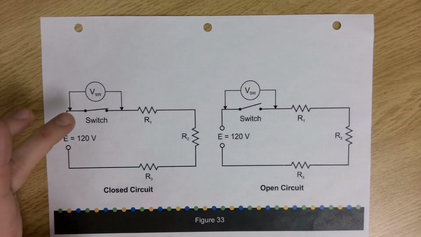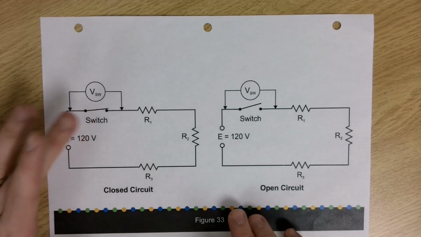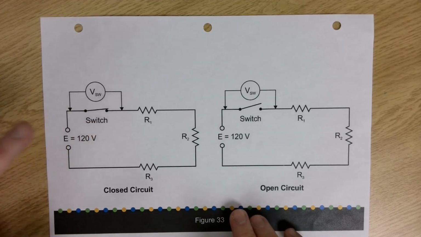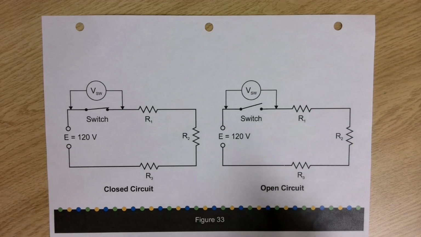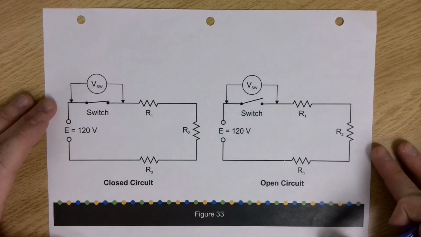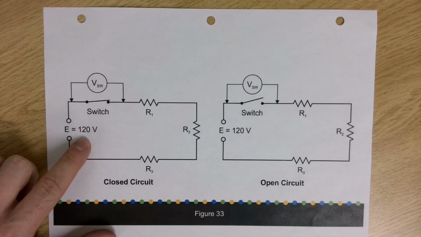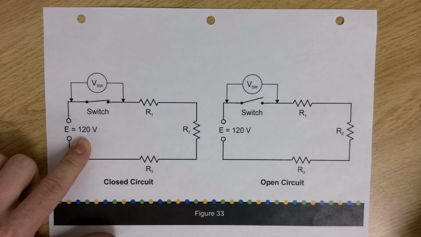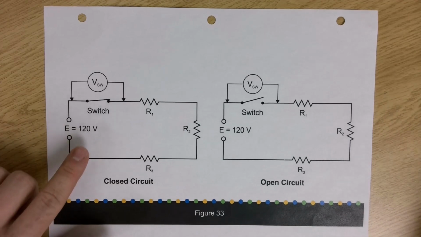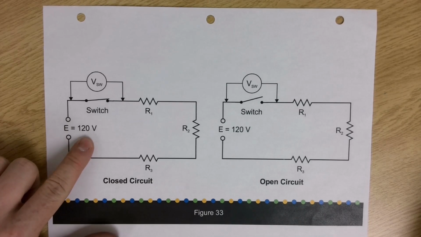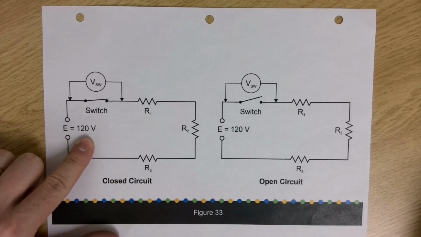We're going to assume this switch has zero resistance. It's in the classroom, we're going to be using ideal circumstances most of the time. For example, if you go to a receptacle in your house and you safely put a meter across the live side and the neutral side, you're probably not going to get exactly 120 volts.